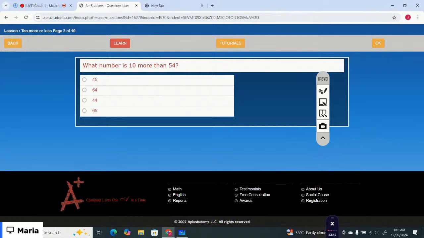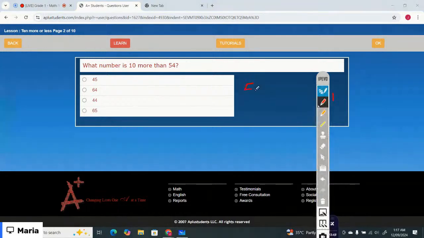Which number is 10 more than 54? So 10 more it is, right? That means you need to add 10 to 54. So that is 4 plus 0 is 4 and 5 plus 1 is 6. So the correct option is 64. Option number 2 is the correct option.